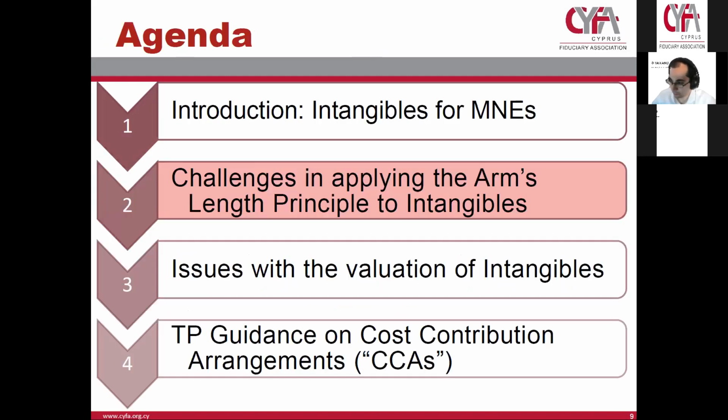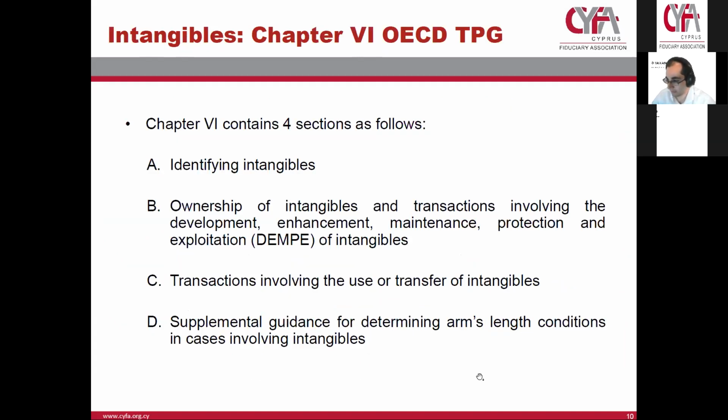So moving on to the challenges in applying the arm's length principle to intangibles and on the guidance. Chapter 4 of the OECD transfer pricing guidelines contains 4 sections regarding intangibles.